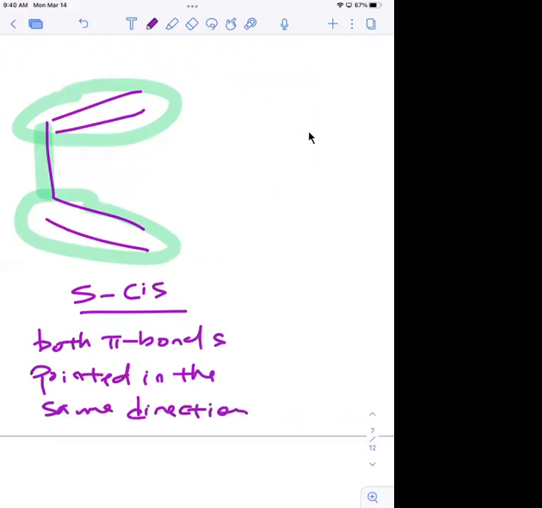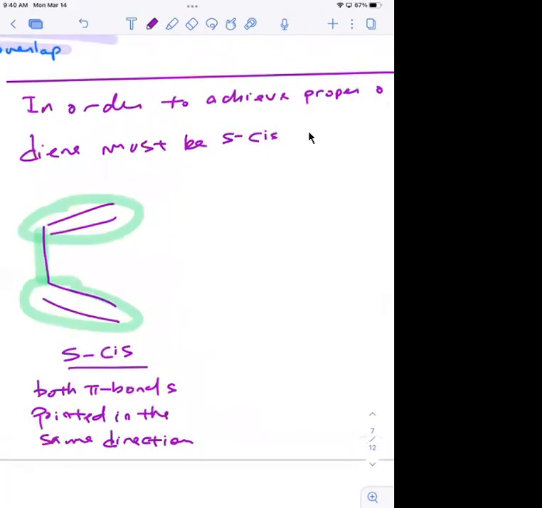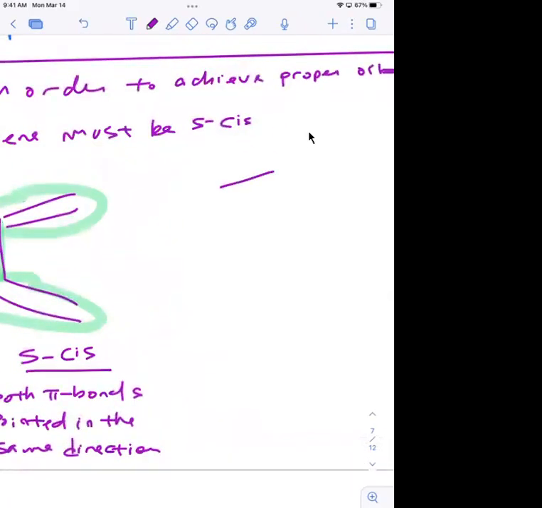This is part of the reason why you have to add energy. You have to heat this reaction to get it to go, because the preferred conformation for the diene is not S-cis. It is, right, this is what we would call the S-trans conformation.